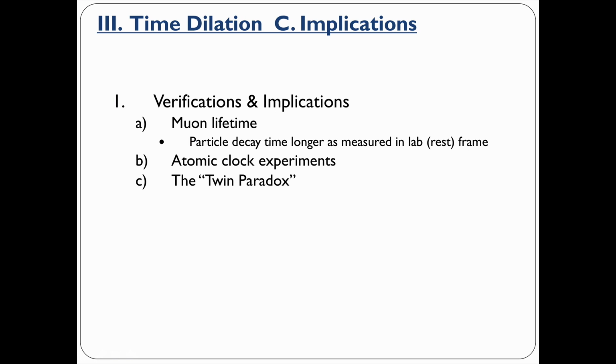We know that muons that are created in the upper atmosphere from cosmic rays that strike the atmosphere have a particular lifetime before they decay into smaller particles. They would not reach the Earth unless their time, as measured from the Earth, was dilated.